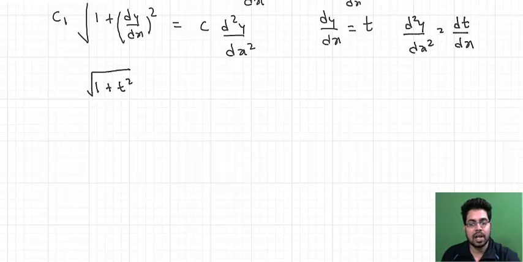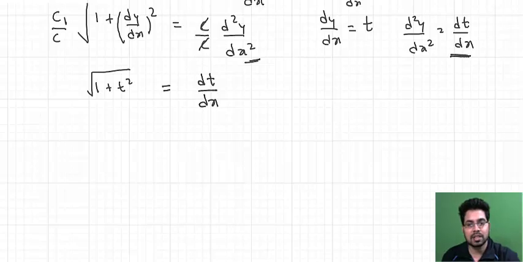Here I am going to divide both sides by c. So this gets cancelled. So we have root under 1 plus t square, and d2y by dx square is dt by dx. So this becomes dt by dx.